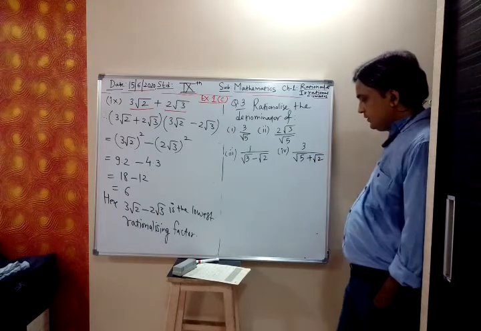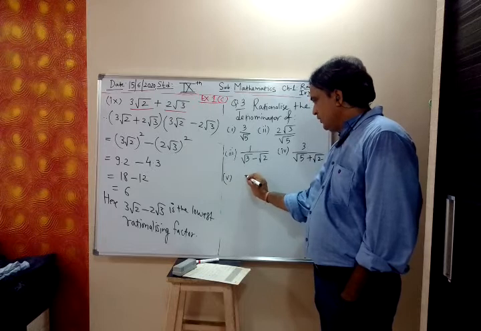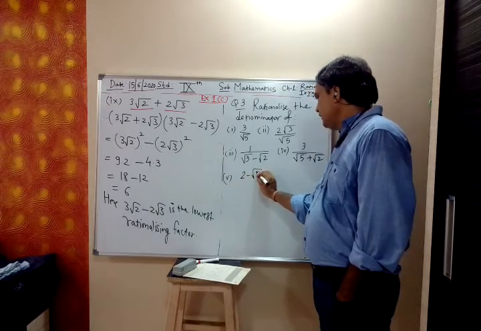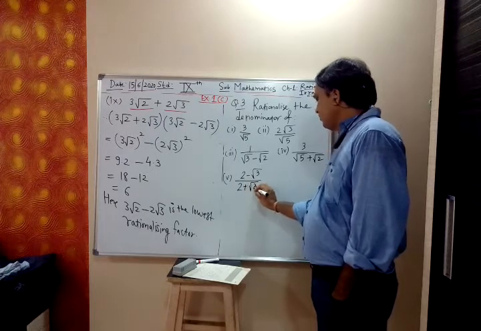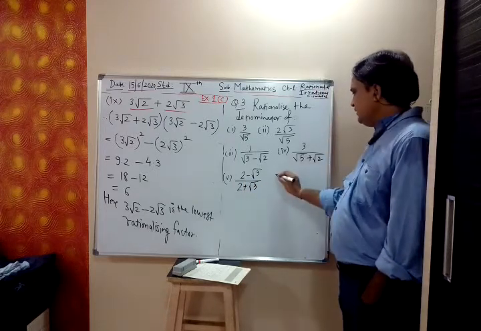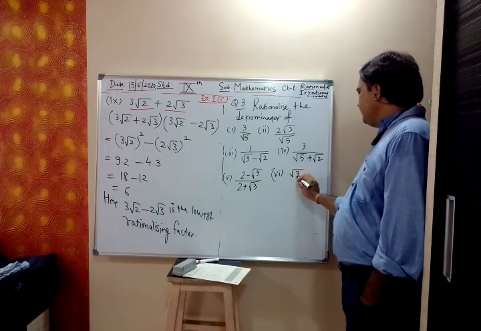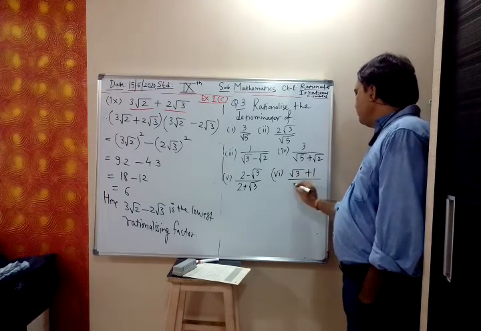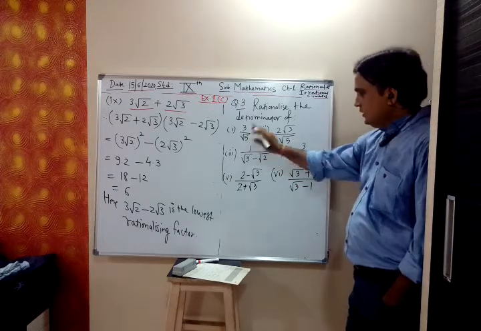First write the question. Then fifth one, 2 minus root 3 upon 2 plus root 3. Sixth, root 3 plus 1 upon root 3 minus 1. You have to rationalize the denominator part.